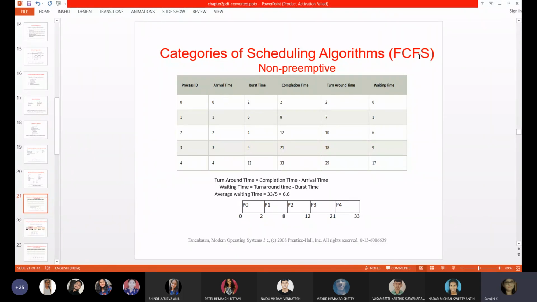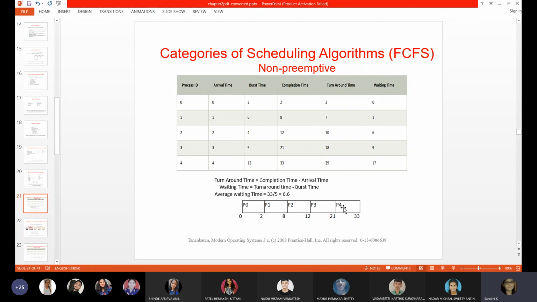First come, first served: you can easily remember it by seeing the name itself. The process which arrived into the ready queue earlier will get the chance to use the CPU earlier. So based on the arrival time, the scheduling happens.